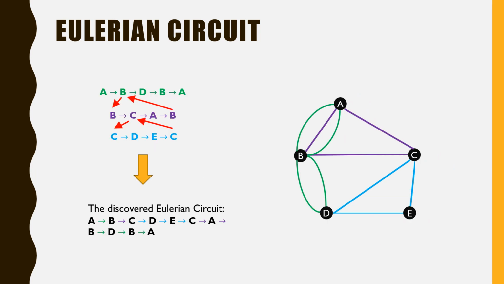By combining all three traversals, we construct the full cycle A to B to C to D to E to C to A to B to D to B to A. To help visualize the process, we mark the edges in this cycle with different colors, indicating which traversal each edge originated from. You can verify that this final cycle visits every edge in the graph exactly once, without repetition.